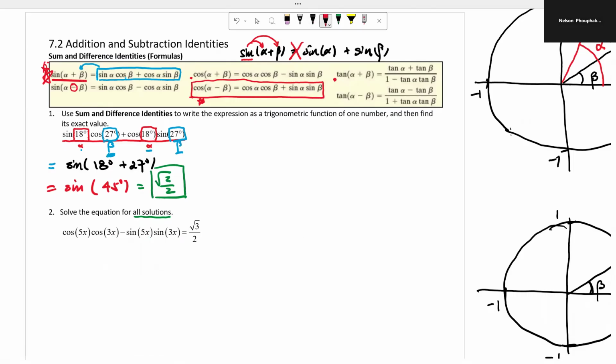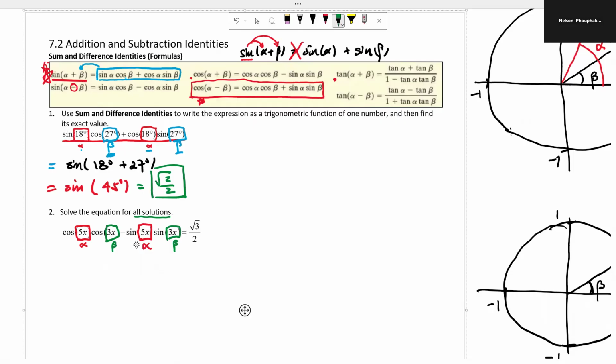Again, I found out that this angle and this angle are the same. Maybe again, we could consider that this is the angle alpha. And this angle and this angle are the same. This will be the angle beta.